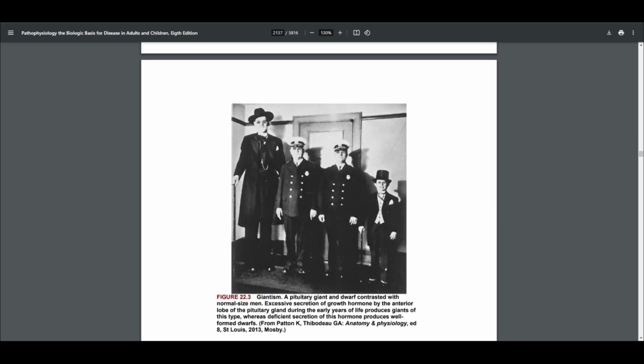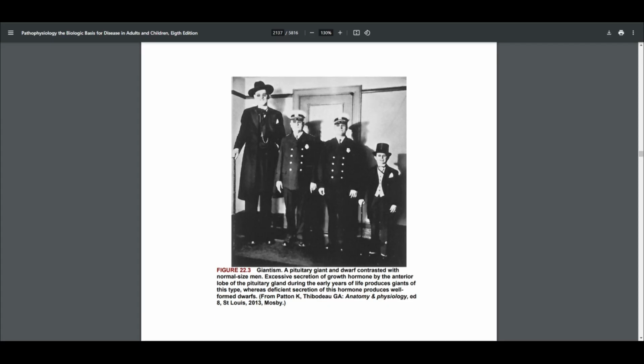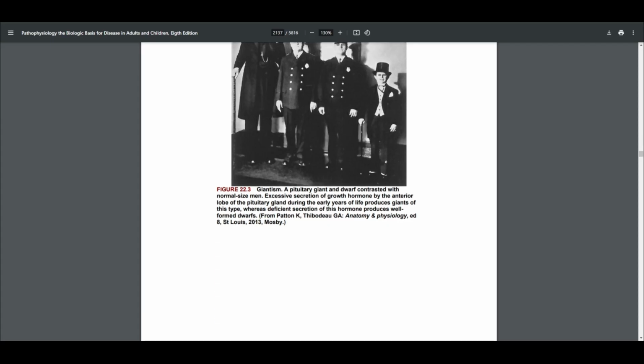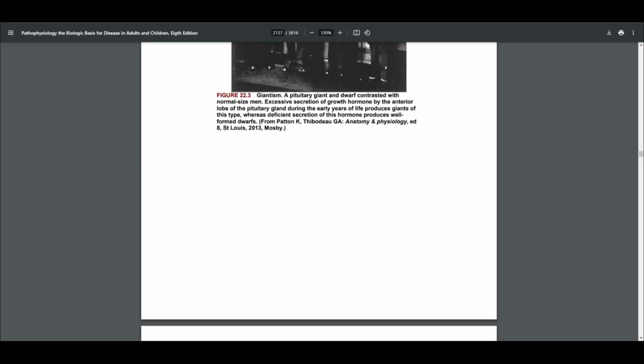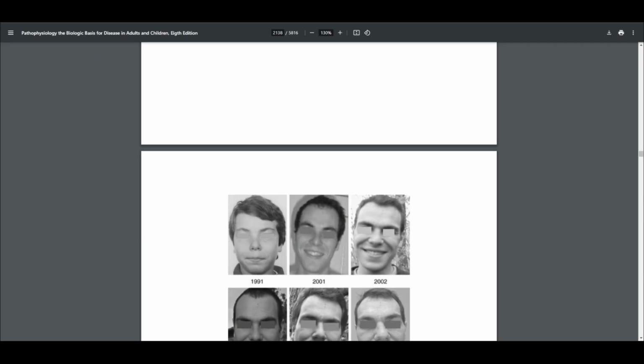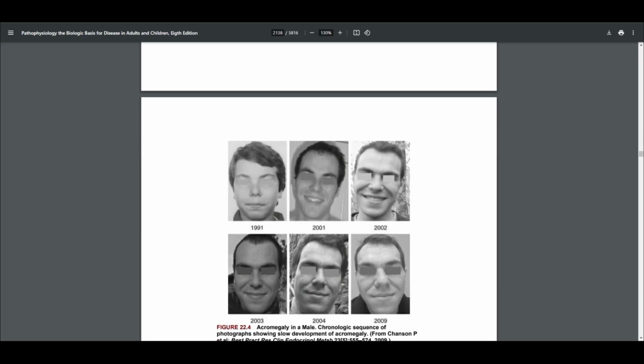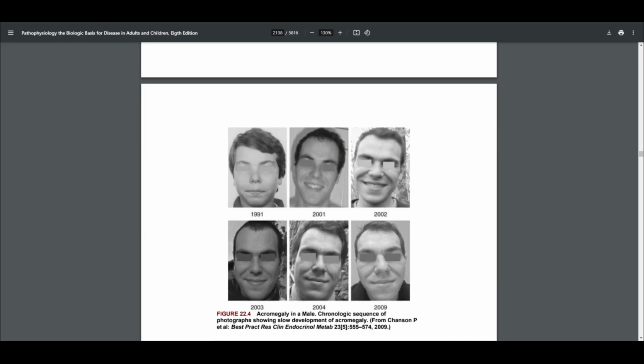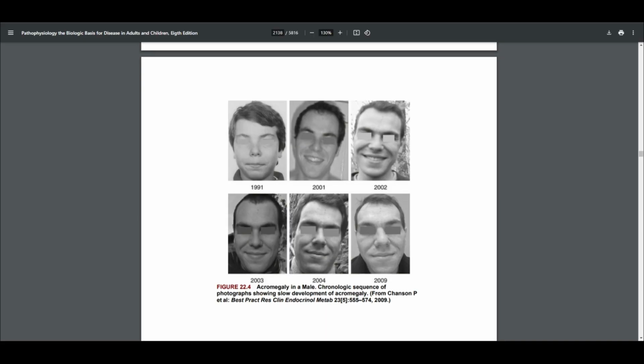So here you have a gigantism, and in contrast, a dwarf. So here you have the acromegaly in a male, where you see the facial feature change.